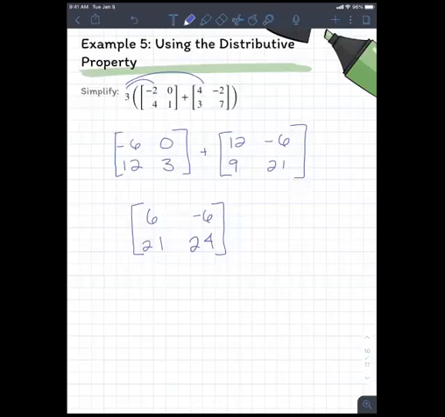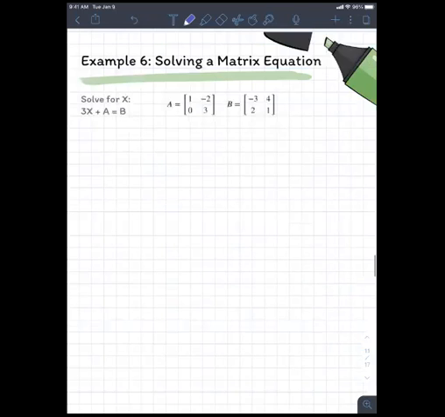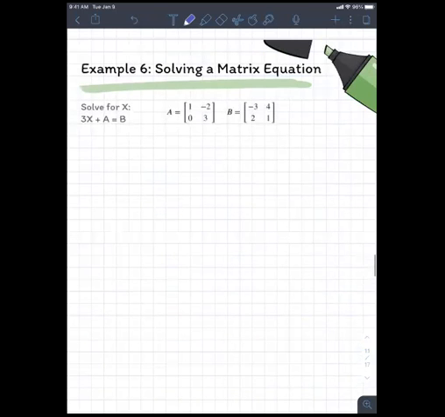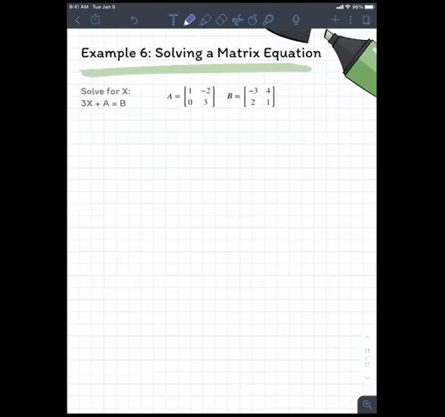Great. We can also use matrices to solve equations using the same process that we did earlier. So using A and B, we want to solve this equation. I'll give you some time to write it down, or maybe try it out if you feel like you know what to do already.